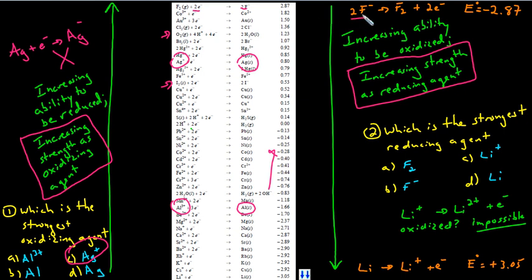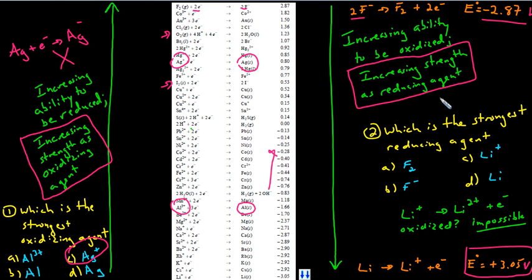Now, when it is oxidized, it has an E standard of actually negative 2.87. Recall that by flipping a reaction, we flip the sign of the E standard value. And so here, fluoride has a negative 2.87 voltage for its oxidation, whereas if we flip the very bottom one here, lithium, it has a positive E standard value of 3.05 voltage.